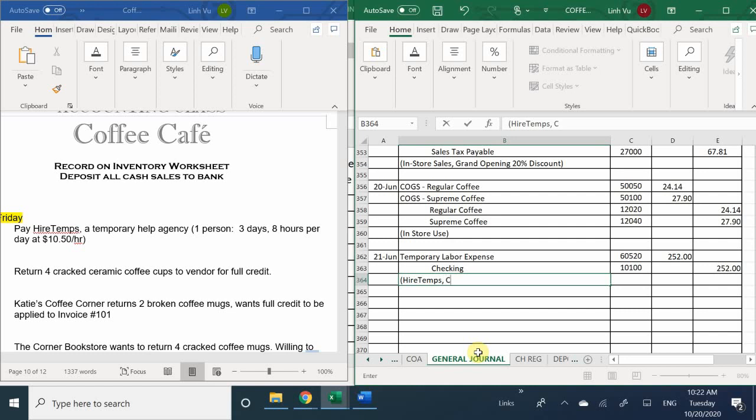Check number 1519. Anything else you want to add in there? No? Okay. There we go. We finish our transaction.